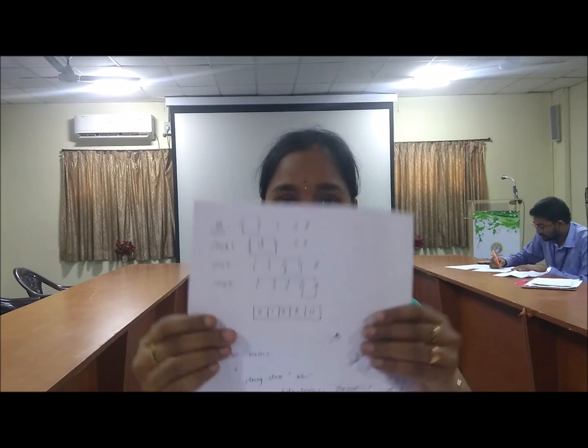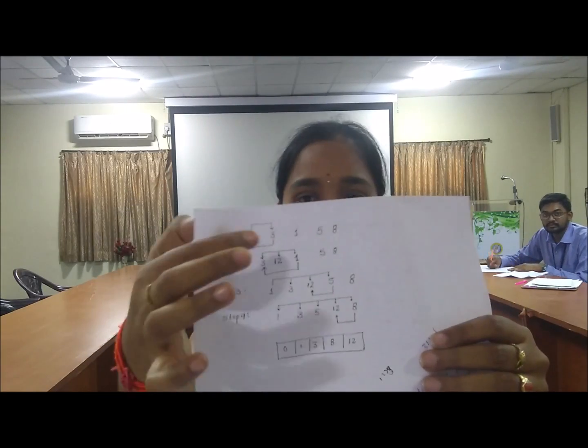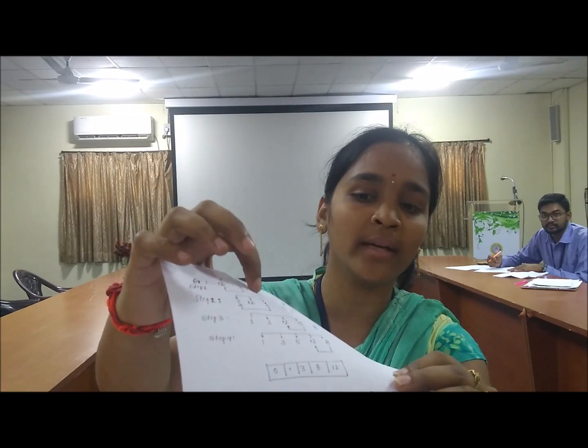So you know C? Yes, sir. Okay. What is insertion sort? How do we perform this insertion sort? I want to explain with some examples, sir. This is the example, sir. I take 5 elements in an array: 12, 3, 1, 5, 8.